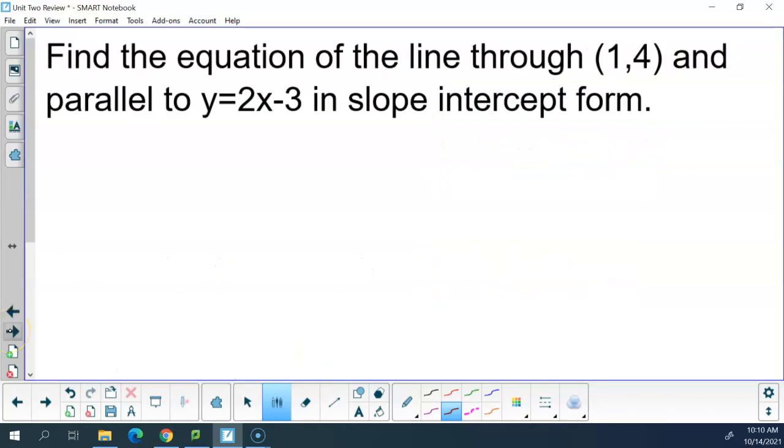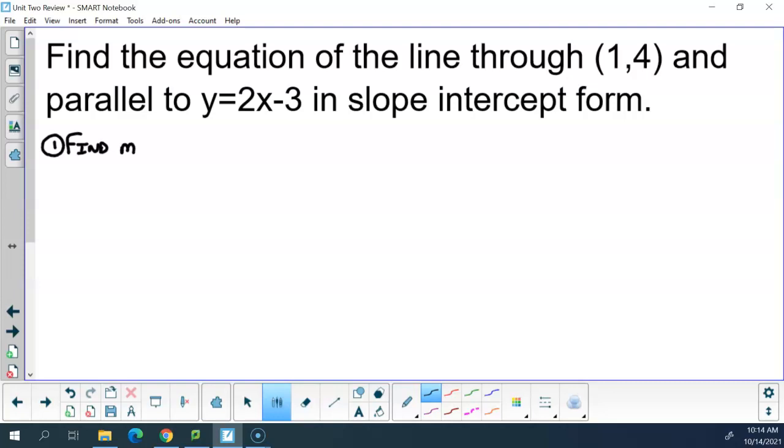Okay, so what I'd like you to do now is find the equation of the line through the point (1, 4) and parallel to the line y = 2x - 3, in slope-intercept form. The first thing we have to do is find the slope.